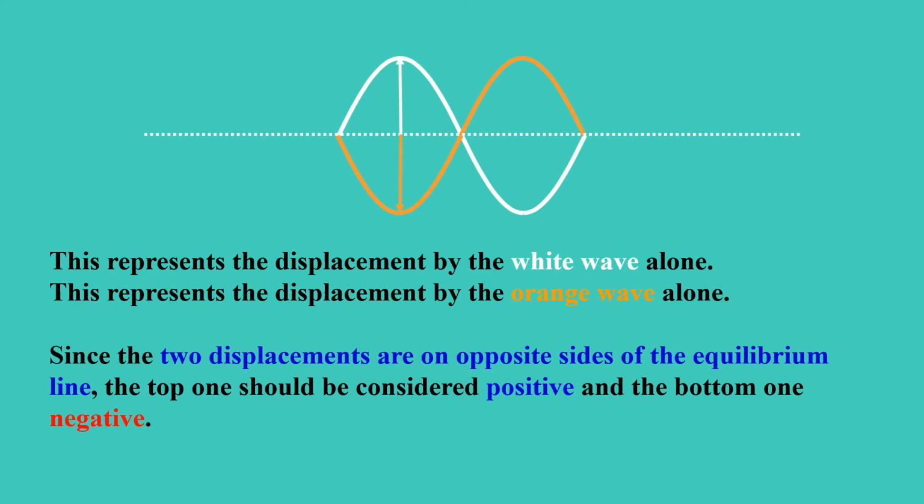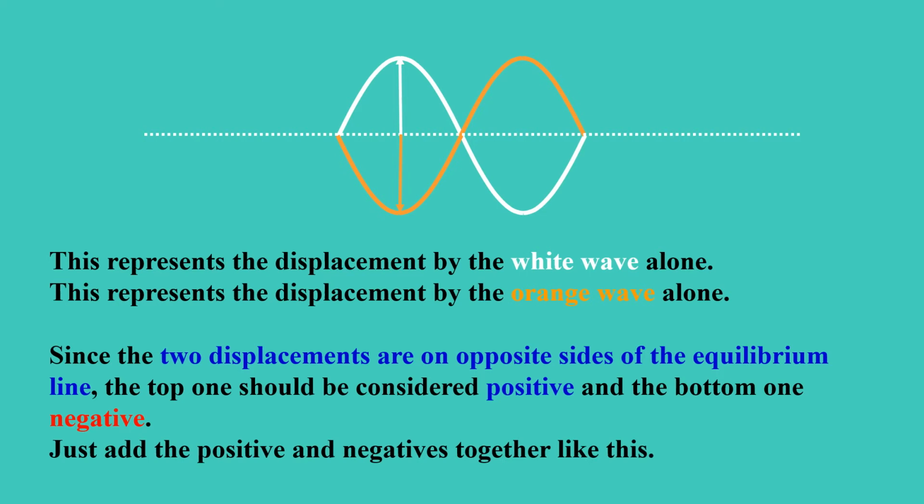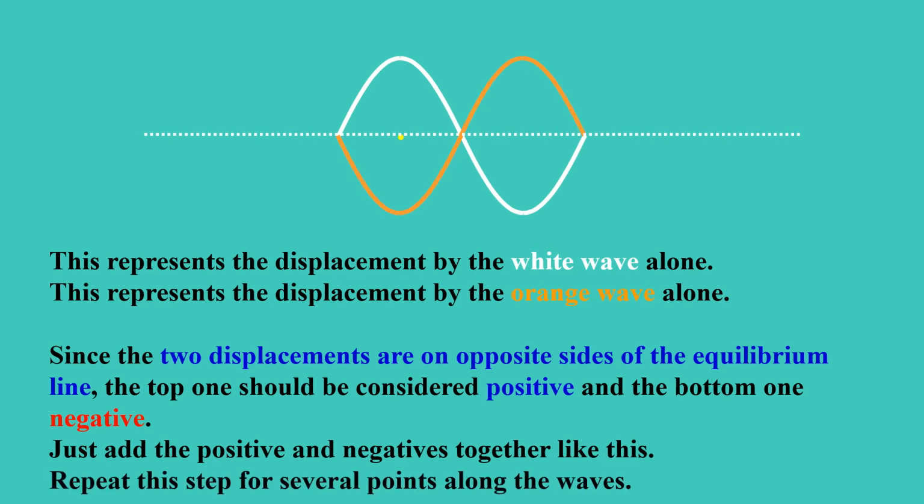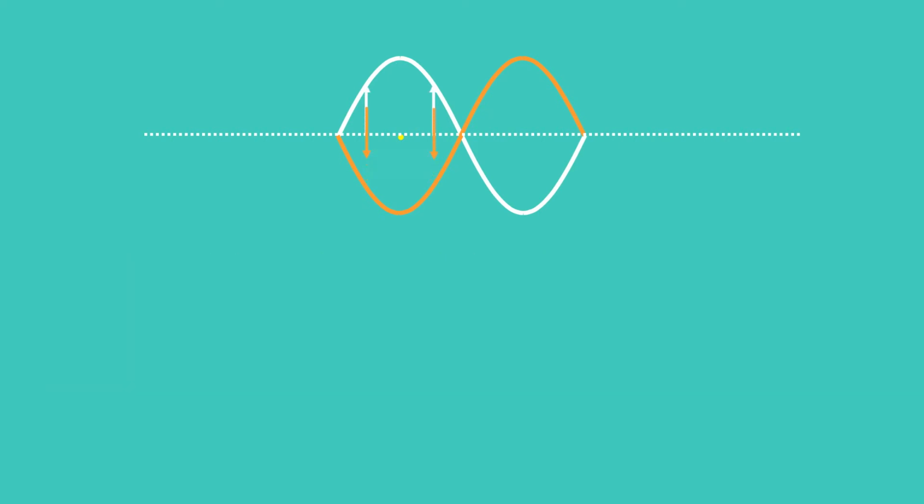So if we add these two displacements, the result will be equal to 0. Just continue adding the positive and negative together like this. Therefore, the resulting wave is this red wave that is just a horizontal wave.